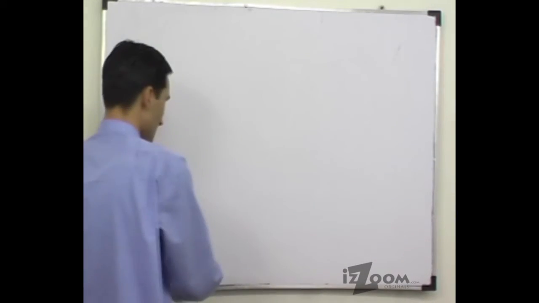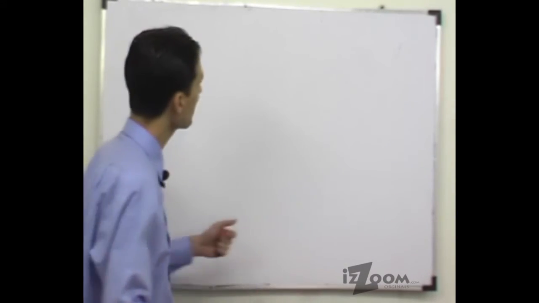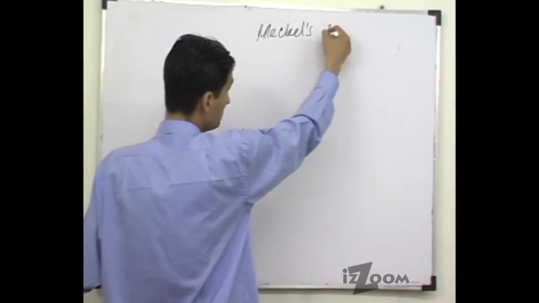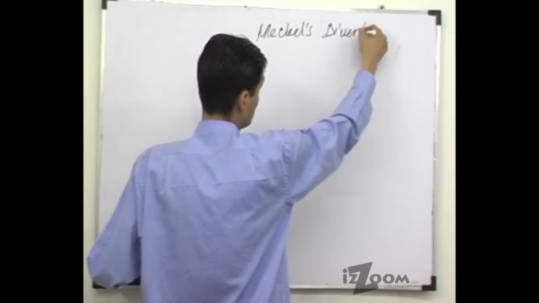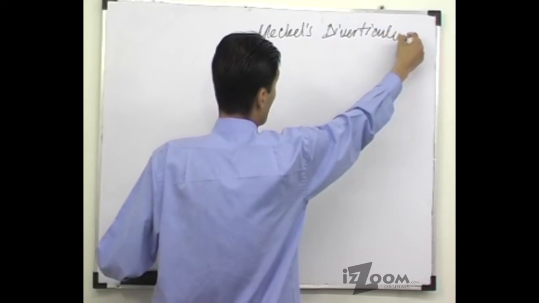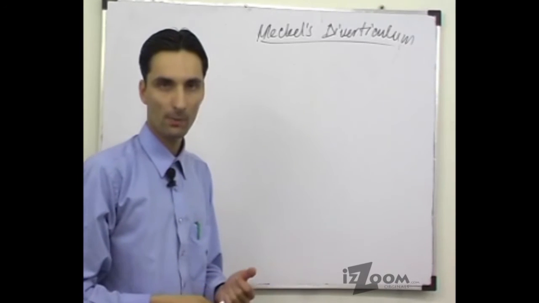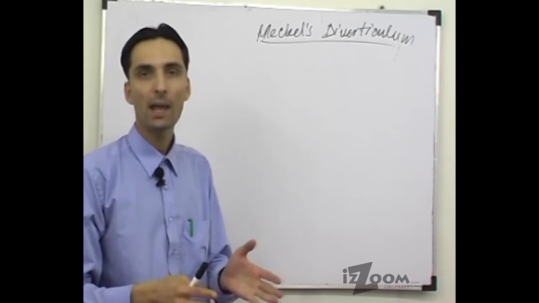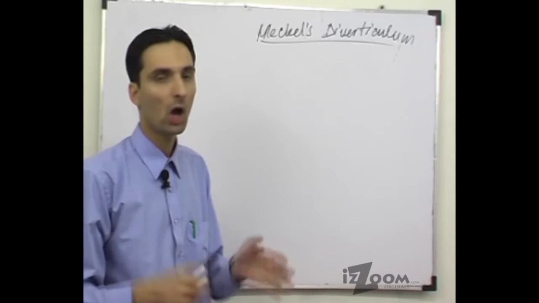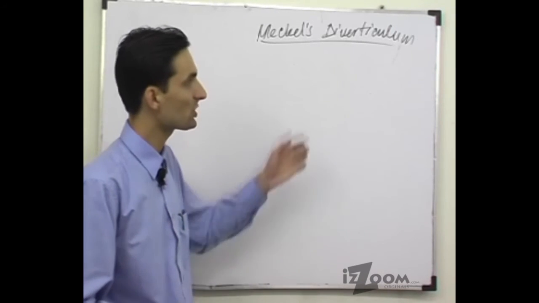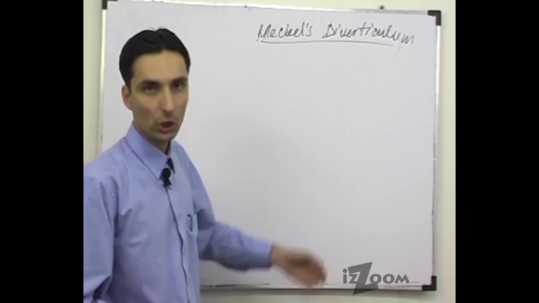So, after intussusception, next I'll be talking about a congenital abnormality, which is Meckel's diverticulum. Meckel's diverticulum is a diverticulum which occurs on the anti-mesenteric border of the ileum, and it is a congenital diverticulum.